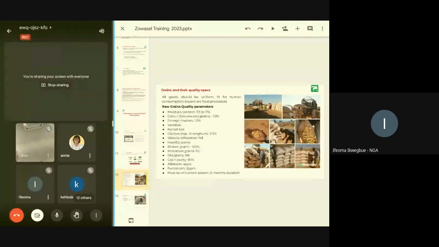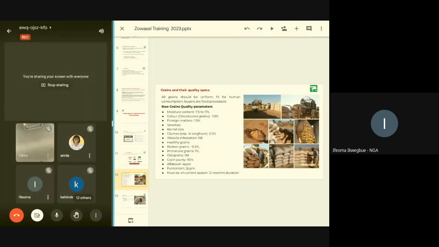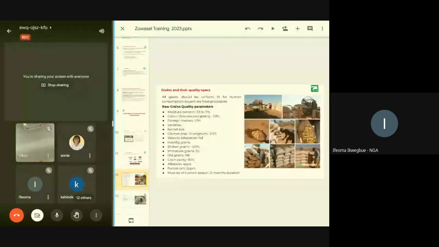It's also important to know that part of the quality parameters considered is the variety. We have local varieties and hybrid varieties. Specific buyers request, for example, hybrid yellow maize of a specific name or color.